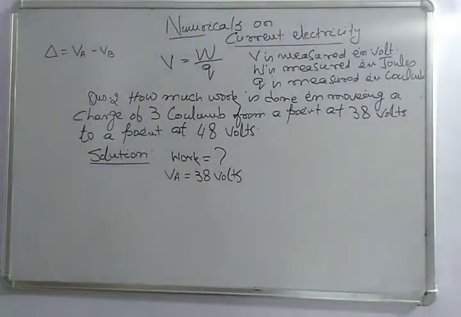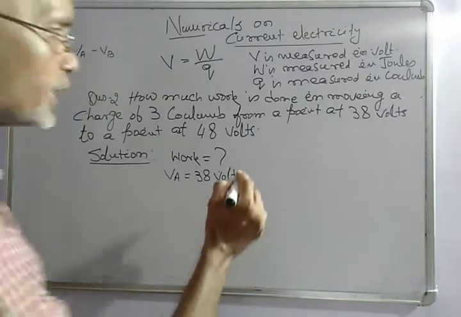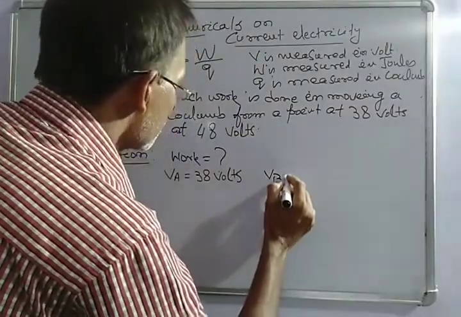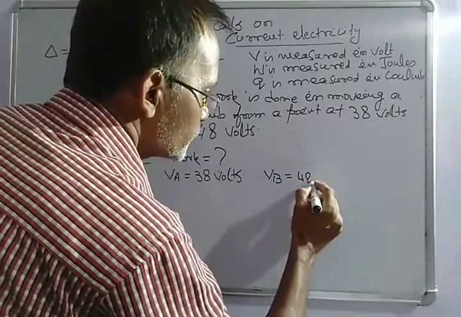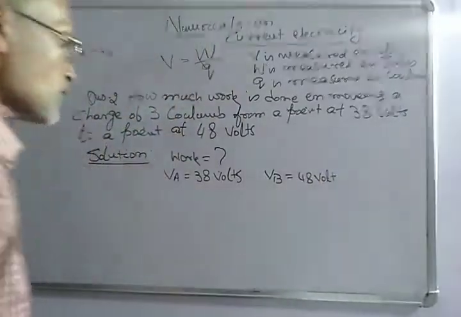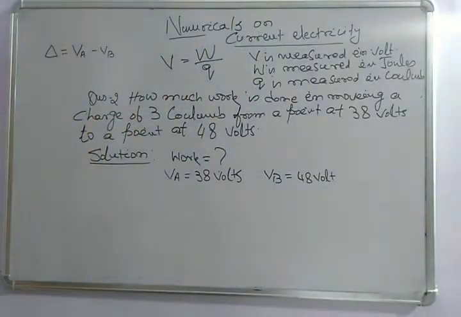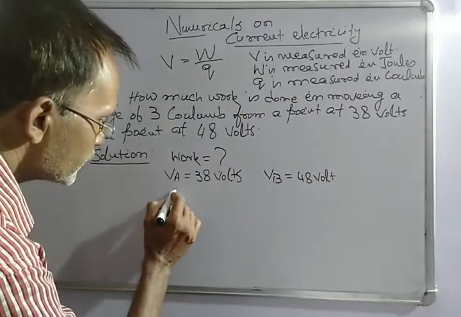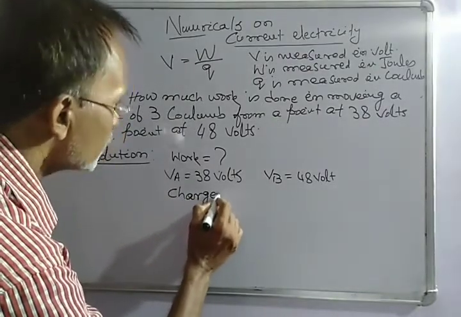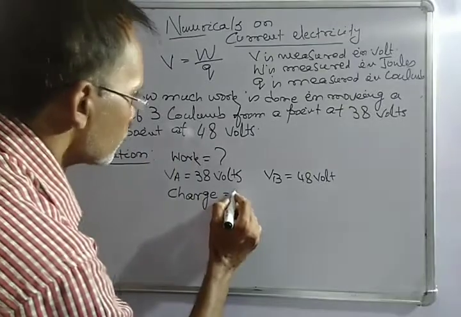Next one is VB. What is given here? VB is equal to 48 volts. And the next one, what is given? That is charge. Charge is equal to 3 coulomb.